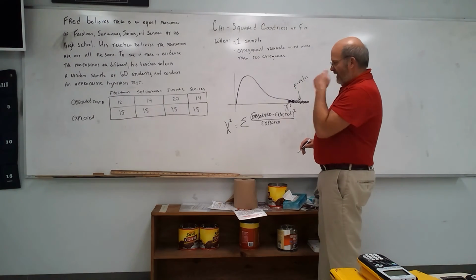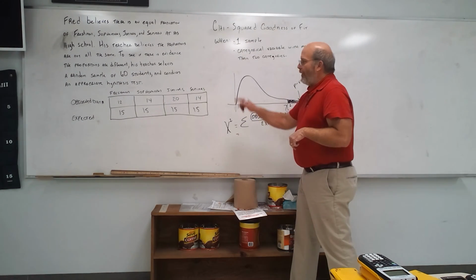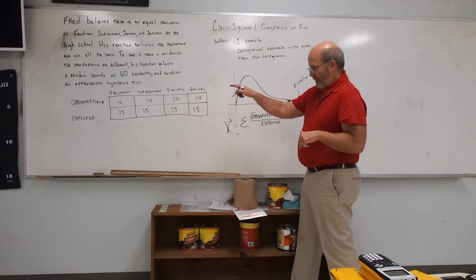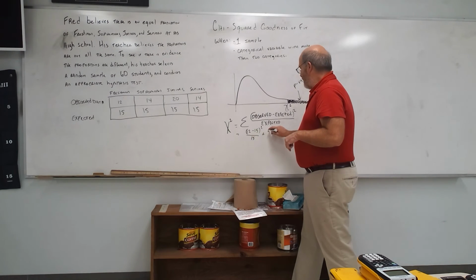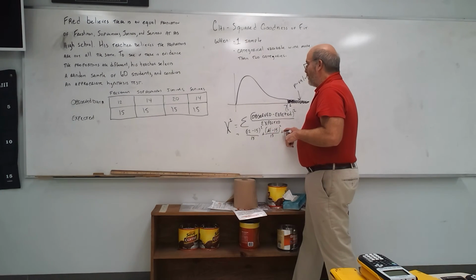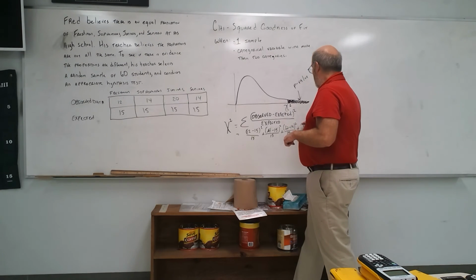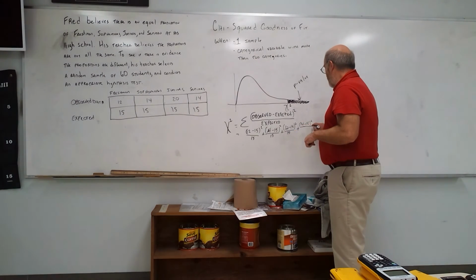So in this case, for the test we're going to run, our chi-squared value would come from 12 minus 15 squared over 15, plus 14 minus 15 squared over 15, plus 20 minus 15 squared over 15, plus 14 minus 15 squared over 15.